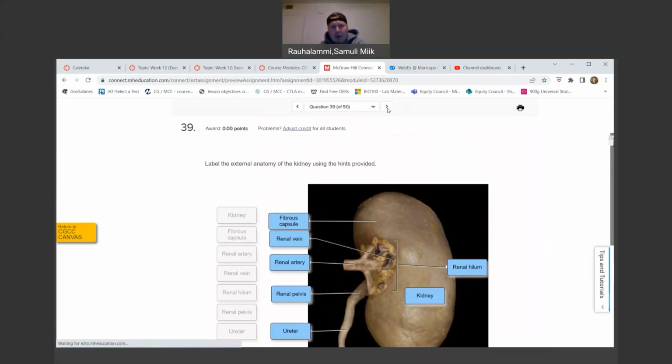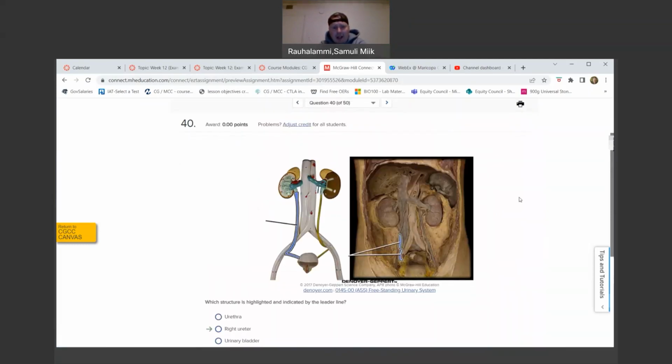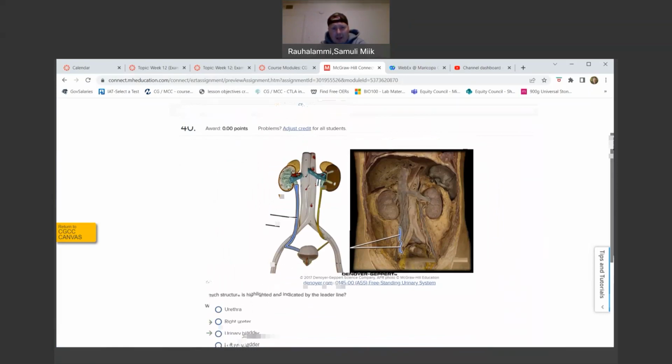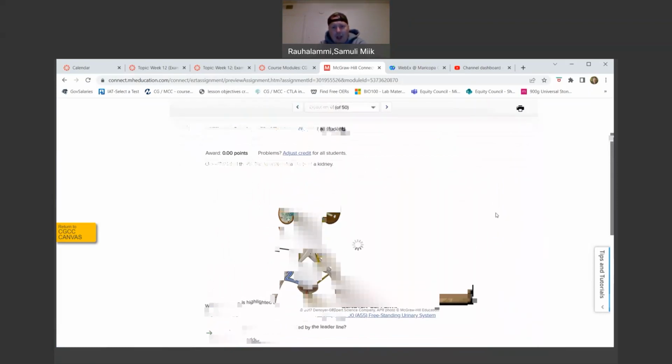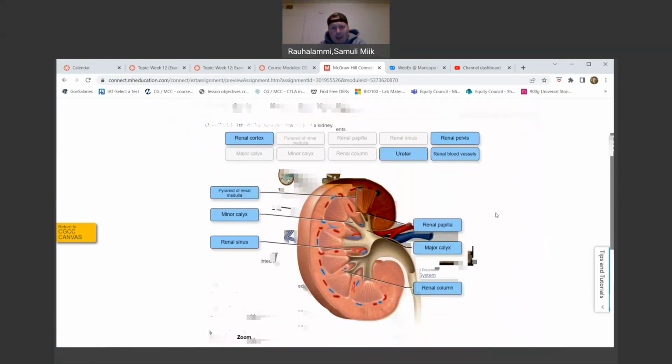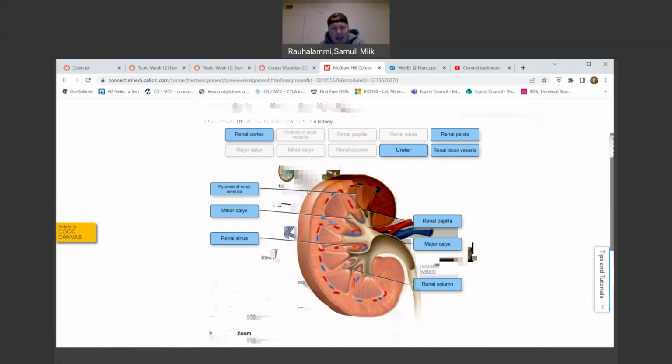Let's continue our review. What we're going to see here is going to be our ureter, this time on the right-hand side. So right ureter there. Continuing onwards, other things that we might see, we're seeing that renal pyramid that I've spoken about before. Between the renal pyramids, we're also seeing the renal columns. We're seeing minor calyx and major calyx.